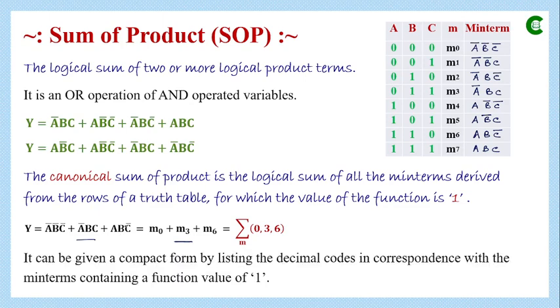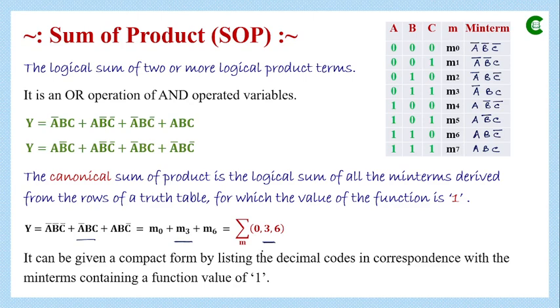This canonical form can also be given a compact form by listing only the decimal codes in correspondence with those min terms containing a function value of 1. That is another format by which we can represent that logical function, and again that will be a unique combination, and the function value will again be 1.